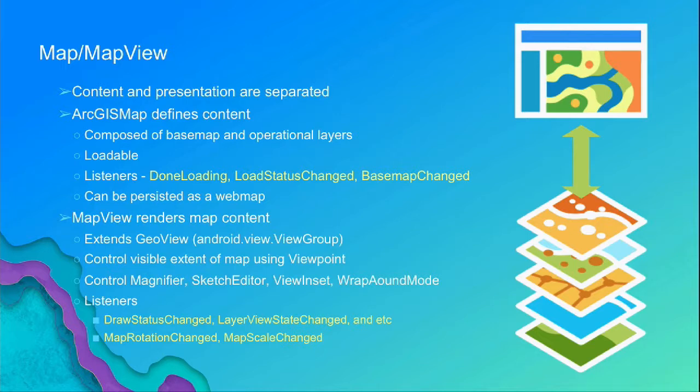And MapView renders a map. As Rama already talked about, this MapView extends GeoView, which in turn inherits the Android ViewGroup. The MapView controls the magnifier, wraparound mode, and the sketch editor, which allows you to do editing in the MapView.